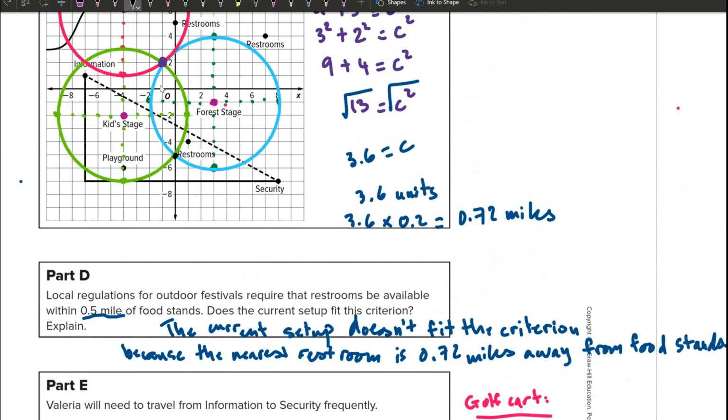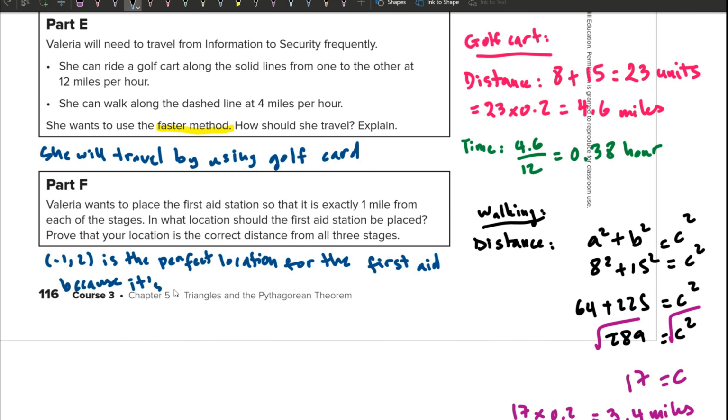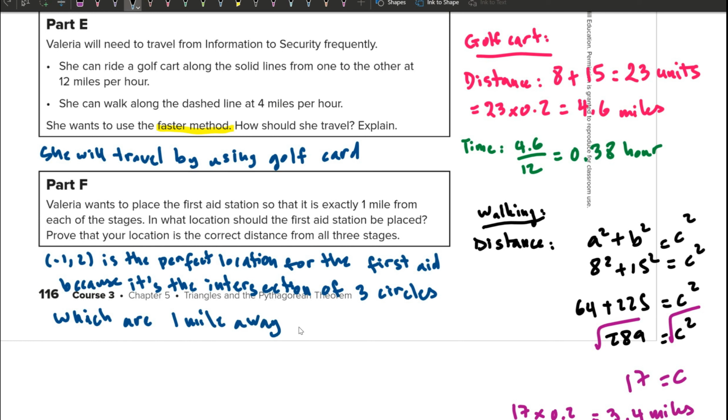The coordinate point is (-1, 2). (-1, 2) is the perfect location for the first aid station, because it is the intersection of 3 circles, which are 1 mile away from the 3 stages.